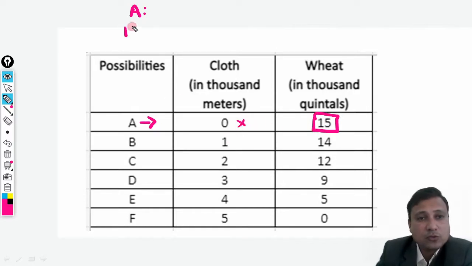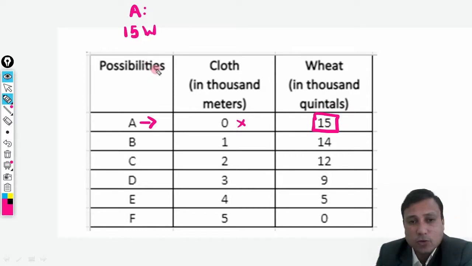So I'm going to write here 15W. Fine. Now onward, we are not going to use words like 1000 meters or 1000 quintals. For simplicity, we'll use 15W or 15 units. In that way, we'll talk about it.